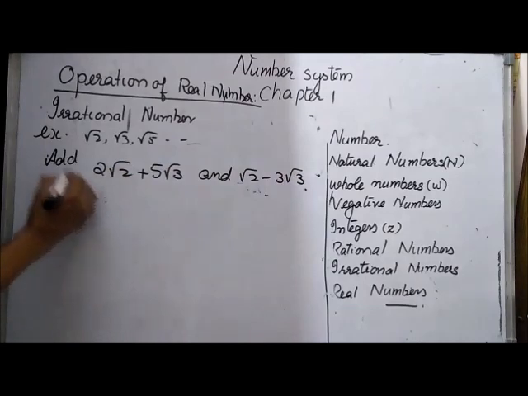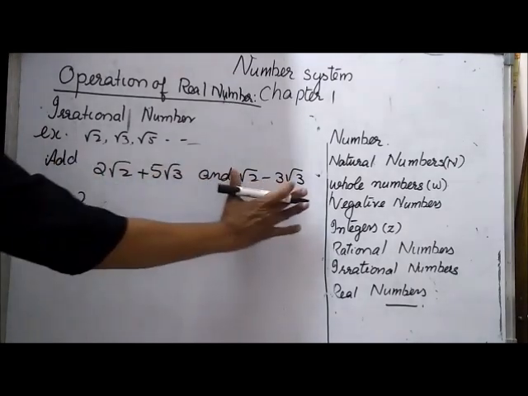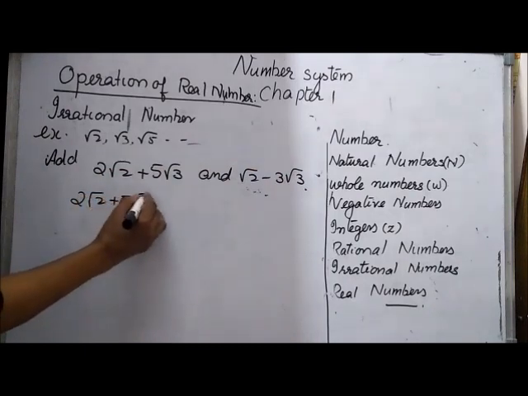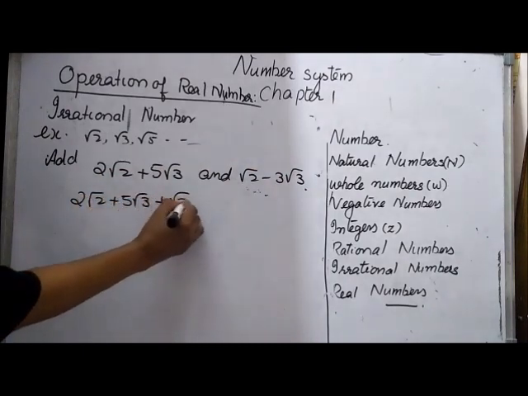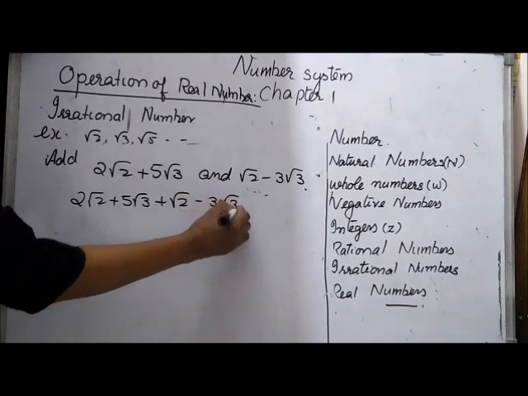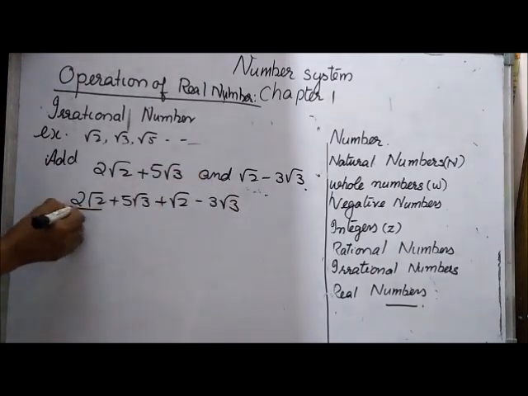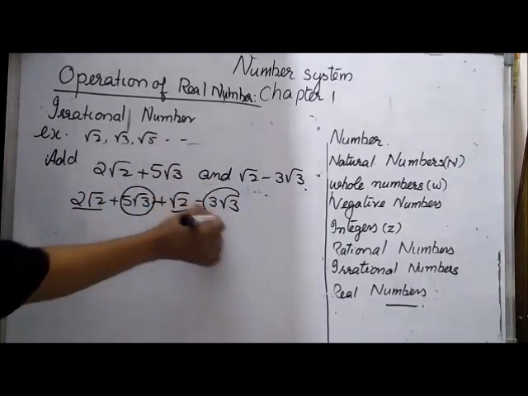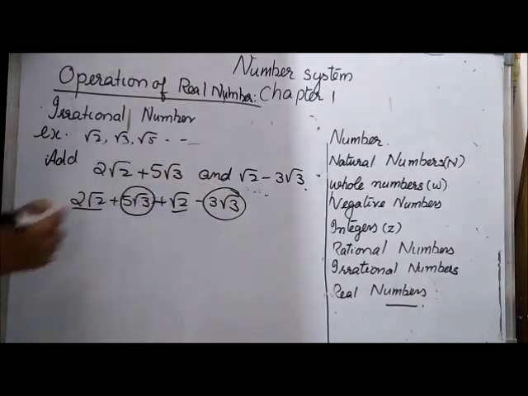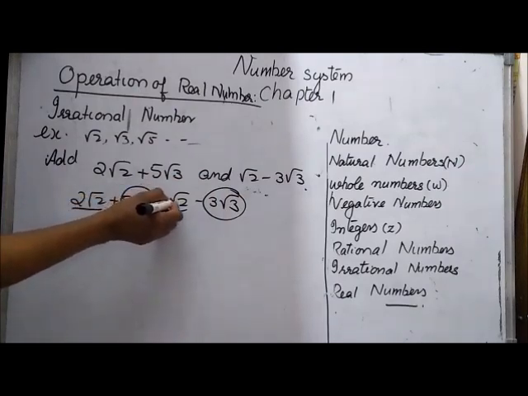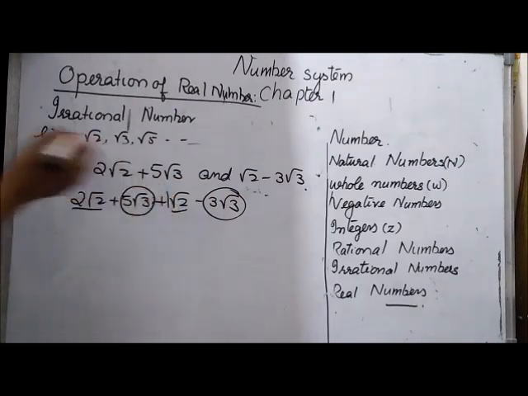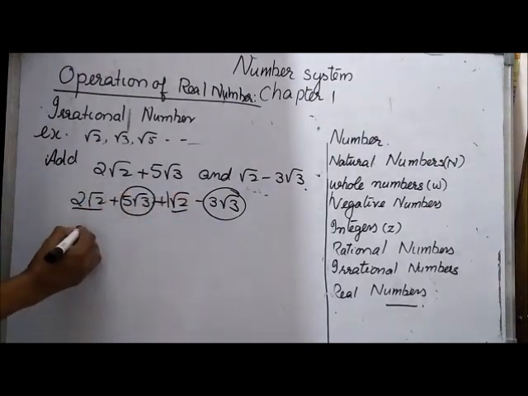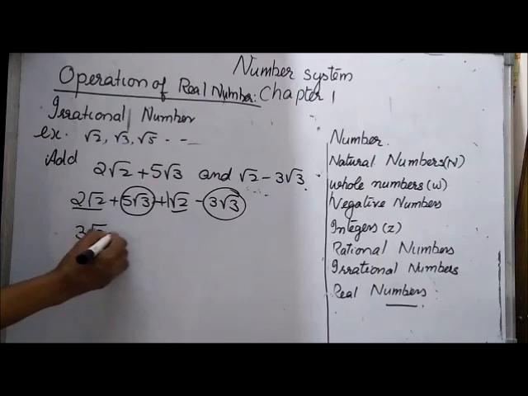So what will we do? We want to add like terms. So 2 root 2 plus 5 root 3 plus root 2 minus 3 root 3. Here the like terms are the root 2 terms, and the root 3 terms. The coefficient of root 2 here is 1, so 2 root 2 plus 1 root 2 is 3 root 2.